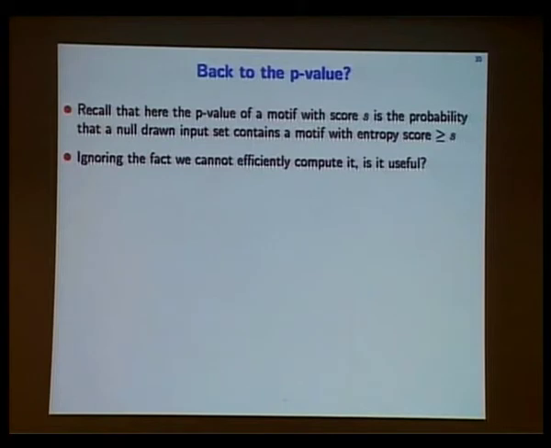Sorry, I'm just curious about this. You must have done this, the motif that you planted, the information score, for random data sets, did you calculate the motif with the best information score and its mean and variance and see where your implanted motif fell there?